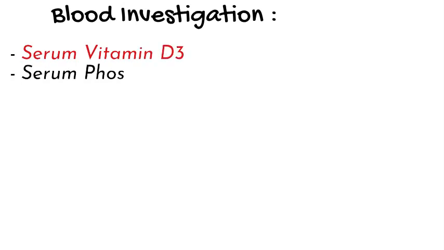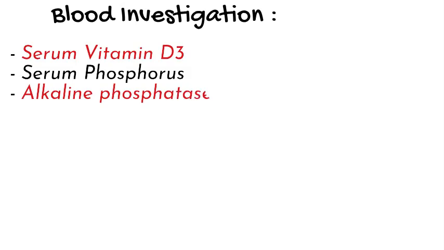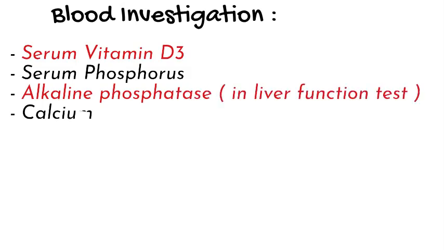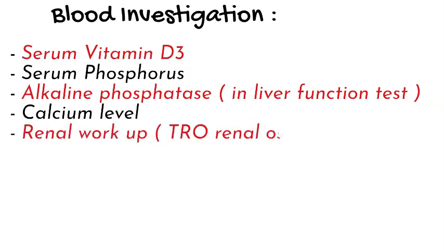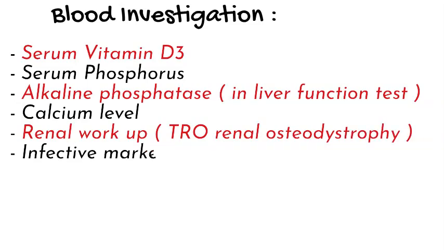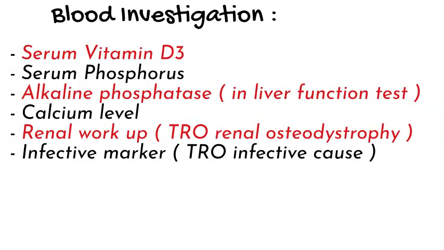So next, regarding blood investigation, we can order serum vitamin D3, serum phosphorus, alkaline phosphatase in the liver function test, the calcium level, renal workup for renal osteodystrophy, and infective markers for infective causes of the bow leg.